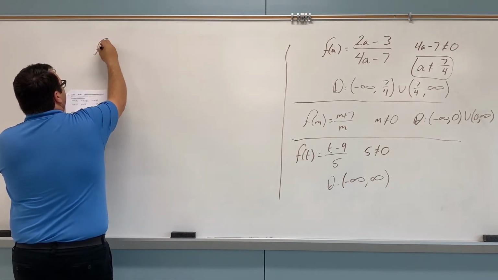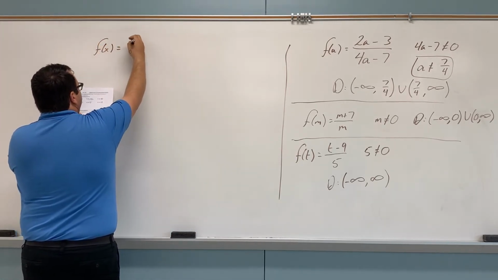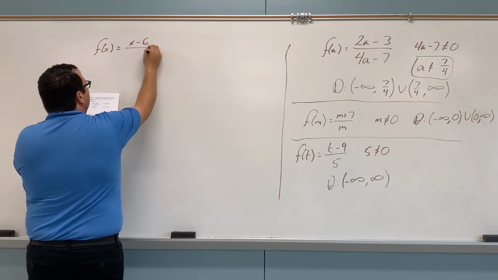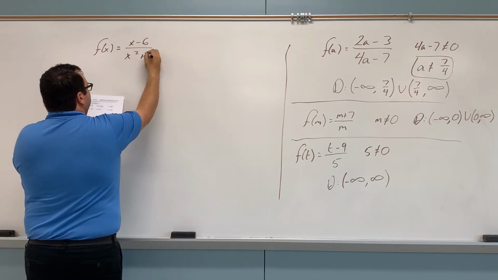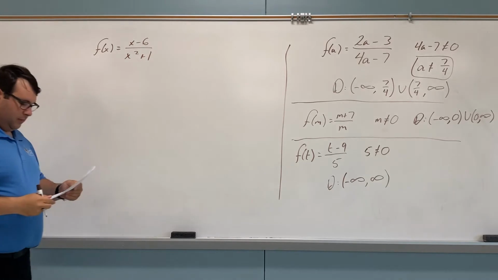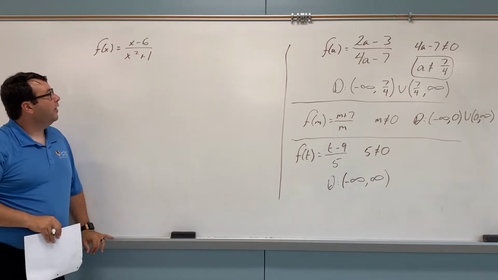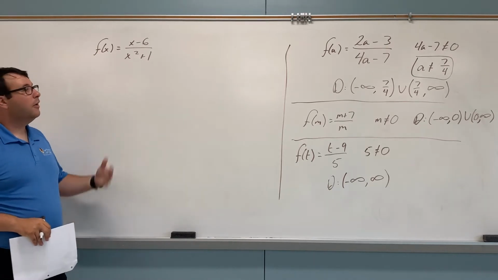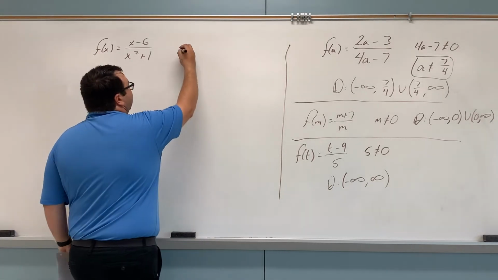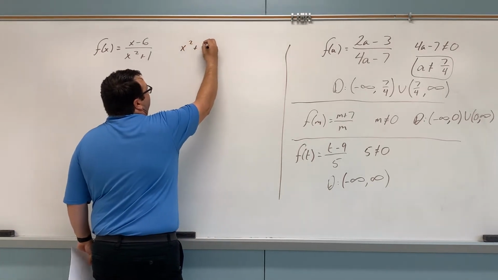All right, this last one, I have f of x is equal to x minus 6 over x squared plus 1. Okay, now I have an x in the numerator, x in the denominator. Let's go ahead and take that denominator, set it so that it cannot equal 0.